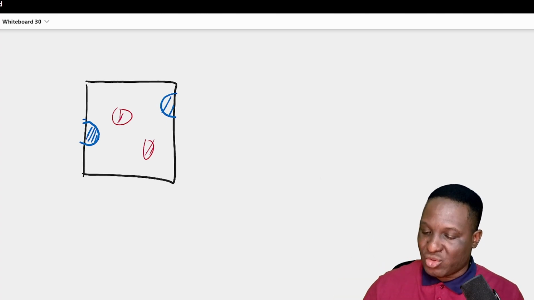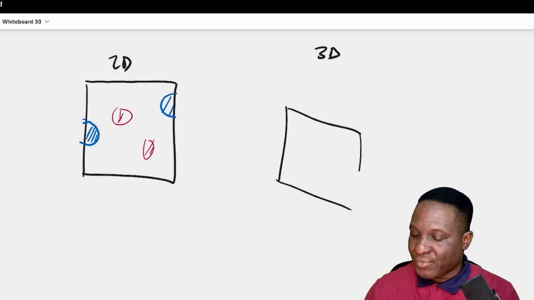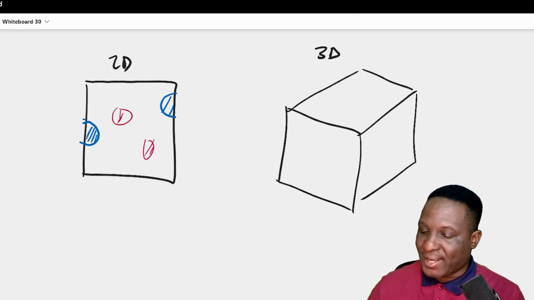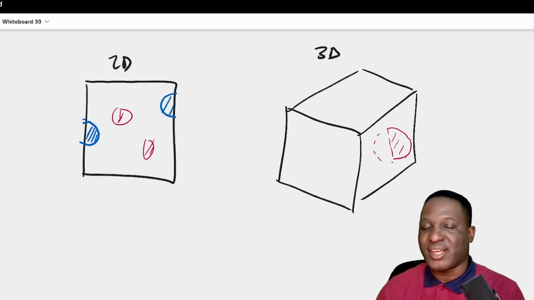But I want to do this in 3D. So let's consider what the 3D situation is. This is 2D. So in 3D, you basically would have a domain that looks like this. And let's imagine that you've got a particle on the corner. So let's say there's a spherical particle that is protruding out like that.